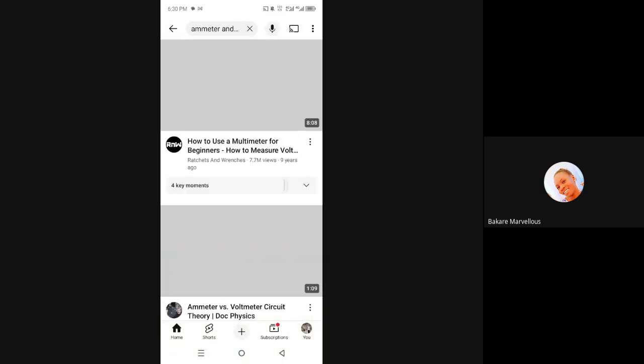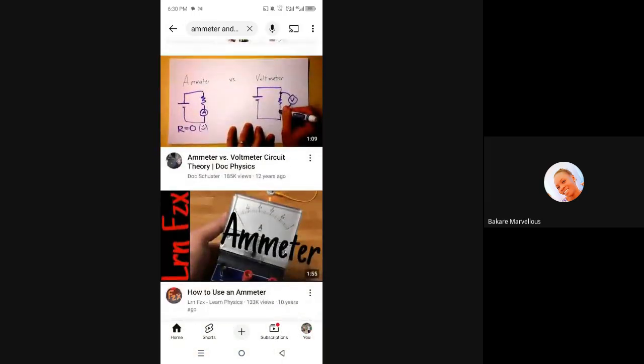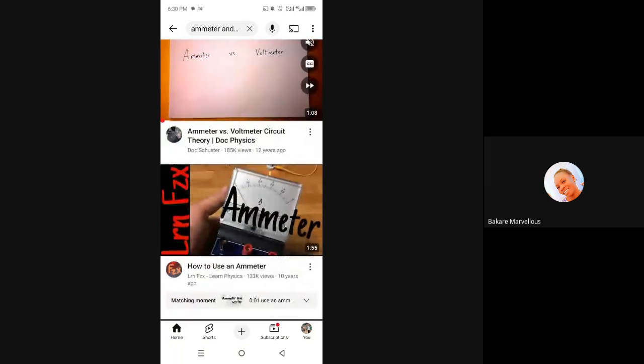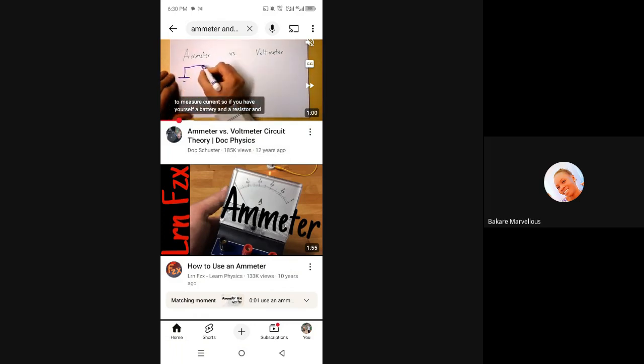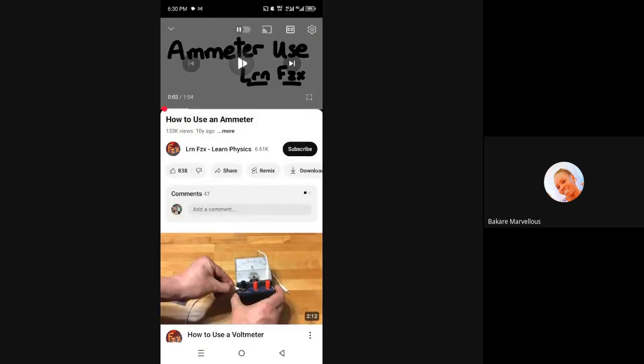Some, the maximum current on it is 3. So can you see an ammeter on my screen now?